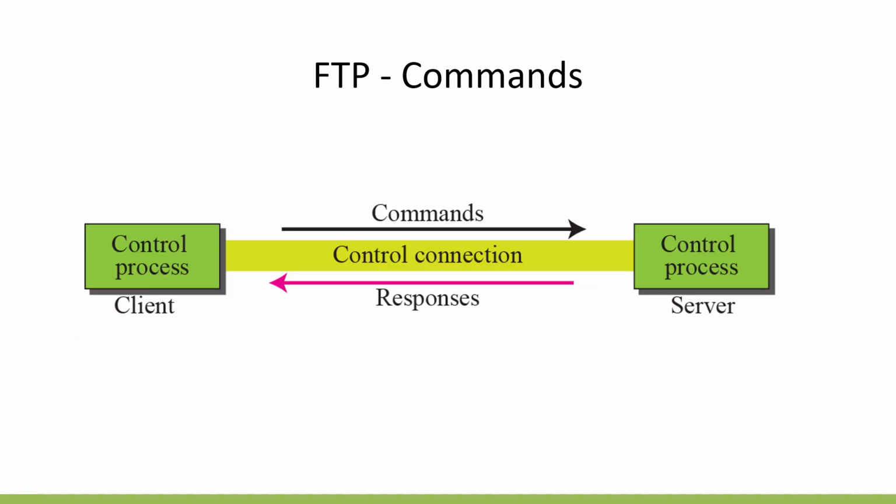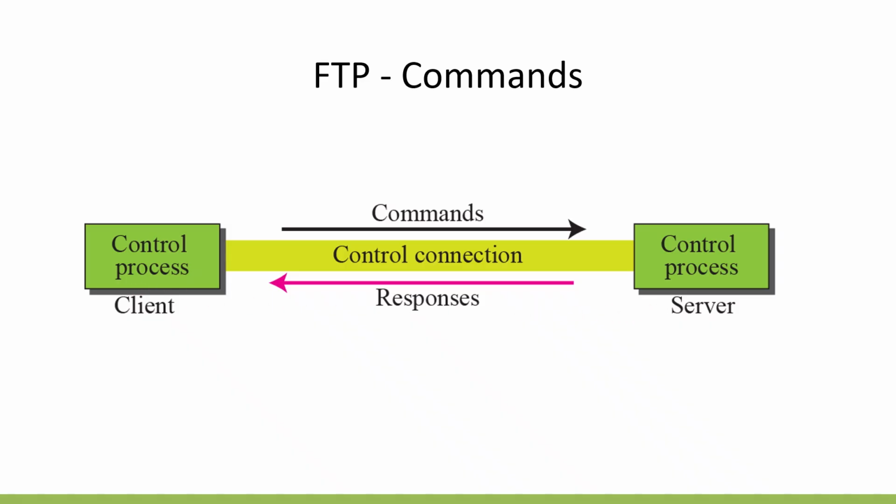FTP uses the control connection to establish a communication between the client control process and the server control process. During this communication, the commands are sent from the client to the server and the responses are sent from the server to the client.